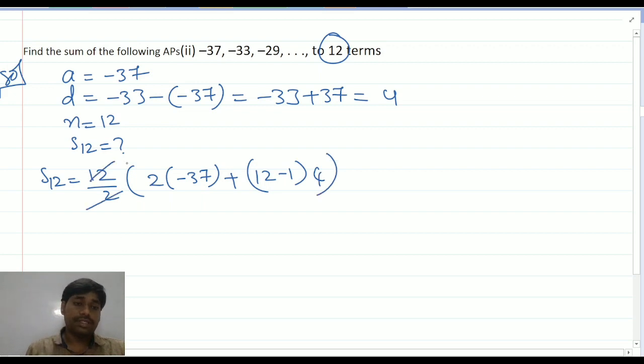It is 6. So 6 of minus 74 plus 11 fours are 44.